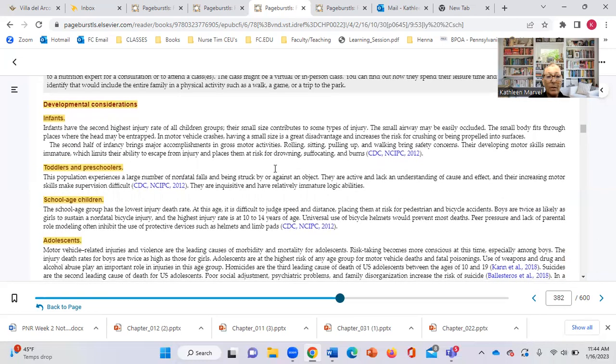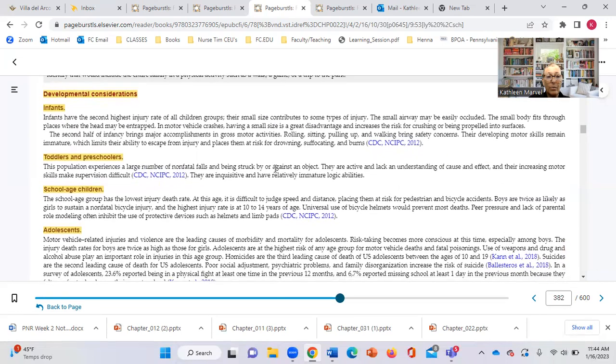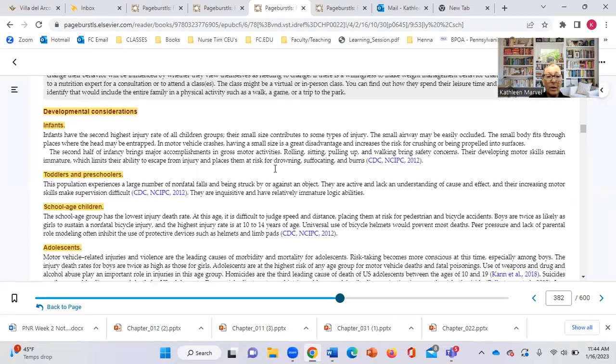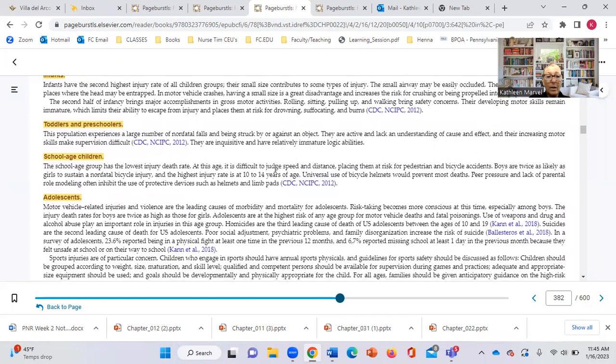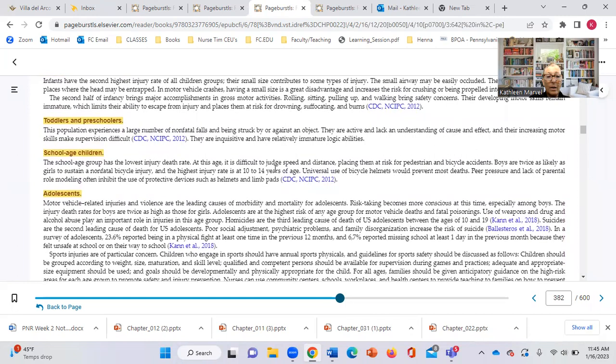So here are some developmental considerations. I'd like for you to read through these. We know that infants have the second highest injury rate of all kids. Toddlers and preschoolers experience large numbers of non-fatal falls and being struck by or against an object.